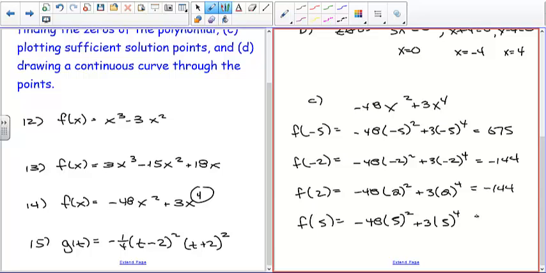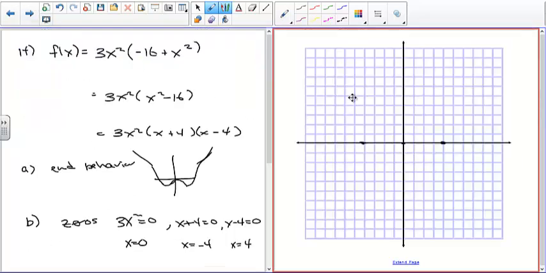This will be 675. So I think I'm going to go from plus or minus 1,000. So we're going to go to 1,000 up here, and to negative 1,000 here. We'll go to negative 10, positive 10, and we'll plot those 4 points.